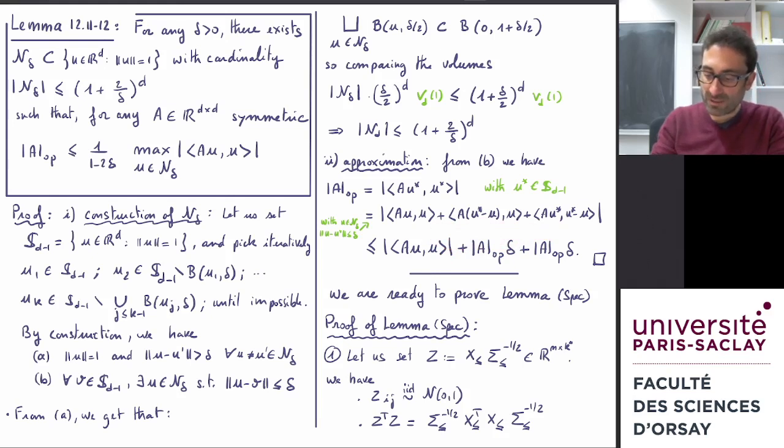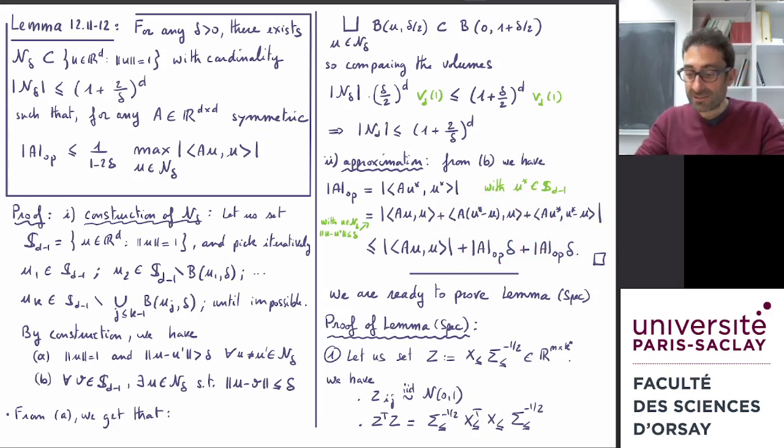And now I can upper bound this by the operator norm of A times the norm of u star minus u. And you know that this is smaller than delta. So you end up with an upper bound which is the operator norm of A times delta. This is what you get for this term.